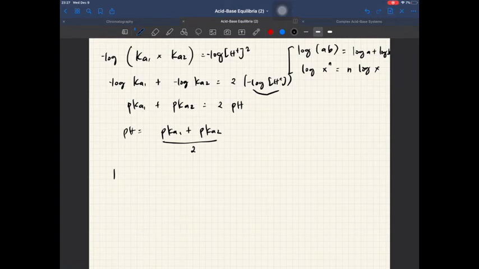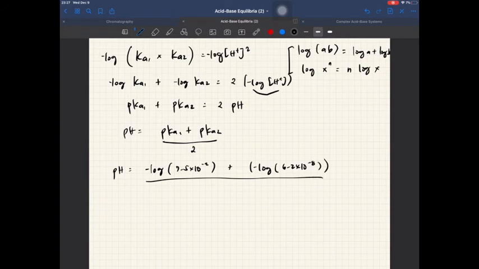So we can just calculate the pH: pKa1 is negative log of Ka1, where Ka1 is 7.5 times 10 to the negative 2, and pKa2 is negative log of 6.2 times 10 to the negative 8, all over 2.